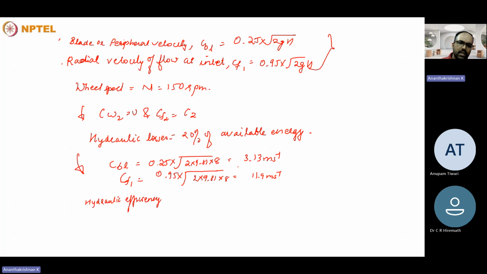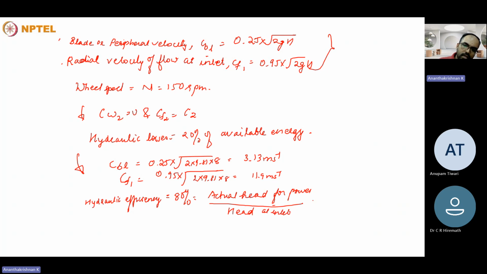So hydraulic efficiency will be equal to 80%. That will be equal to the actual head for power to the head at the inlet. So this is not something that takes into account the friction of the nozzle or the pipe that delivers water to the turbine. This is what happens within the turbine, the head at the inlet.